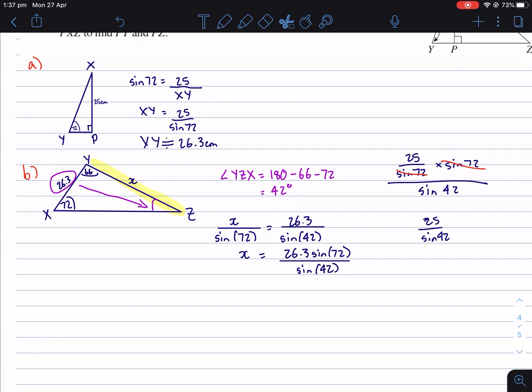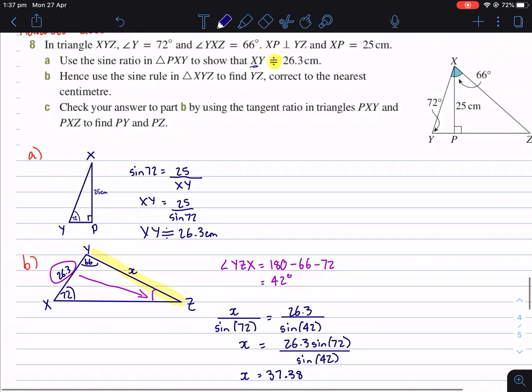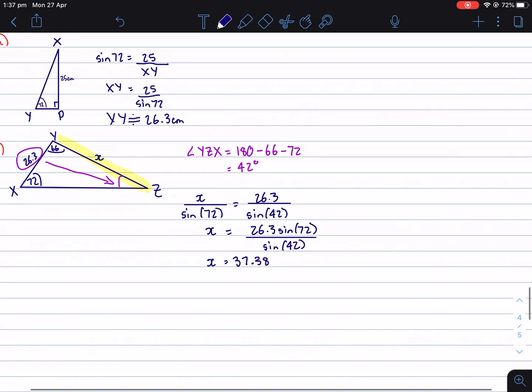If they've told us to show that something comes out as approximately something else, just use that. So x equals, so I've got 26.3 sine 72 over sine 42, 37.38. Did they say nearest centimetre? Are these all in centimetres? So that's 37 centimetres.